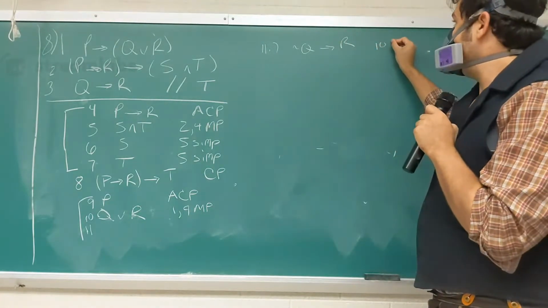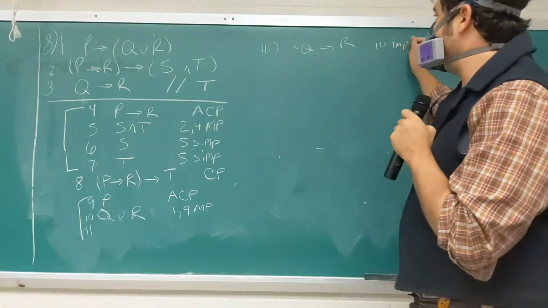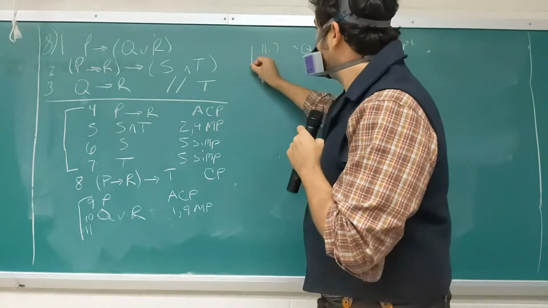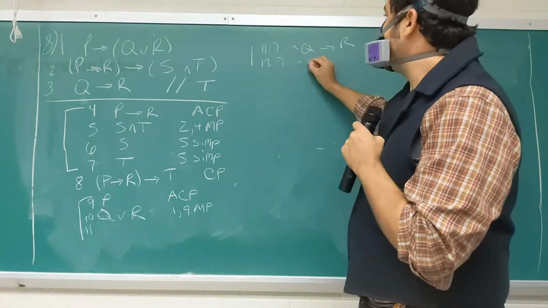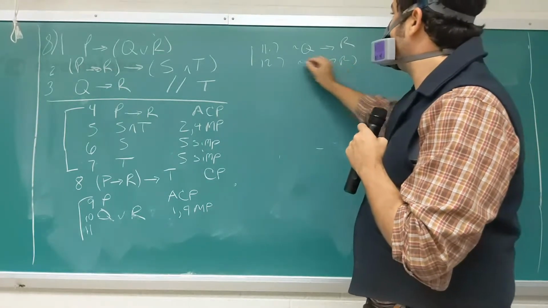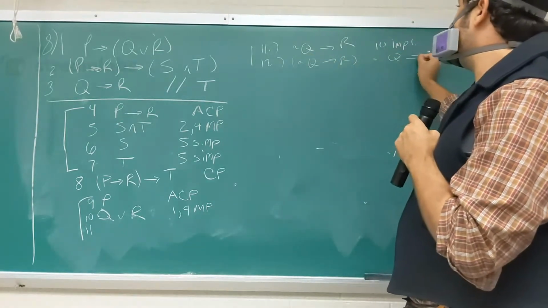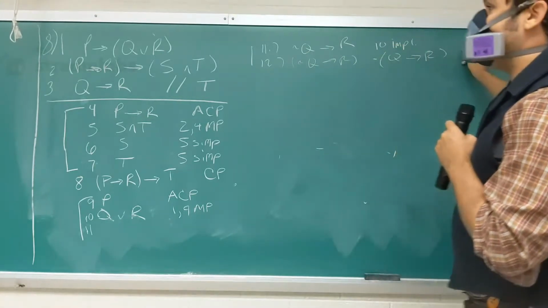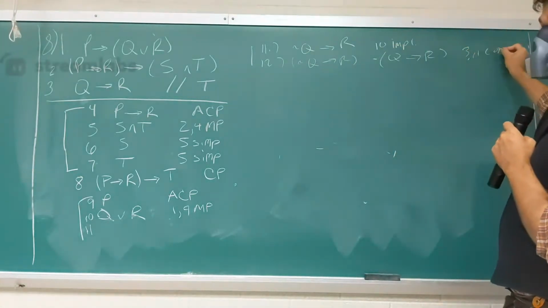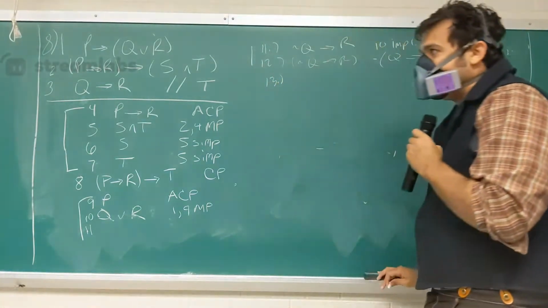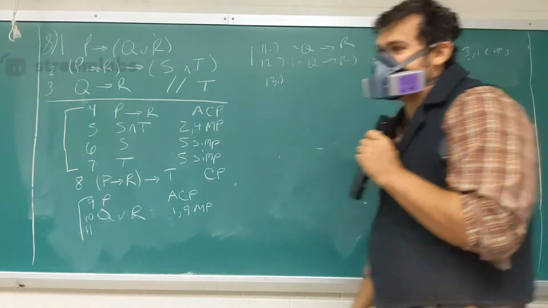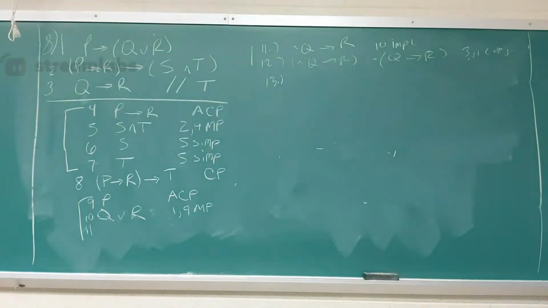From material implication, or whatever it's abbreviated as. 12, now I can combine not Q then R and Q then R from 3 and 11 by conjunction. What's that tautology? I told you, I thought they were both the same.